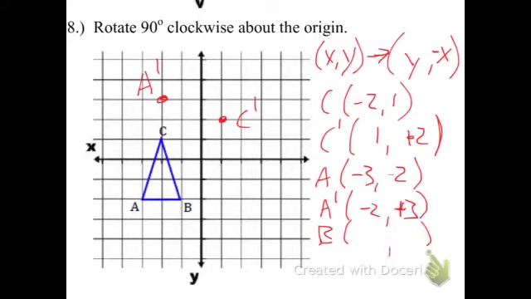B is sitting at -1, -2. I need to switch the order and switch the sign on the second one. So I'm looking at -2, 1. There's my B prime. And I've now done a 90-degree clockwise turn around the origin. And that's the whole thing.